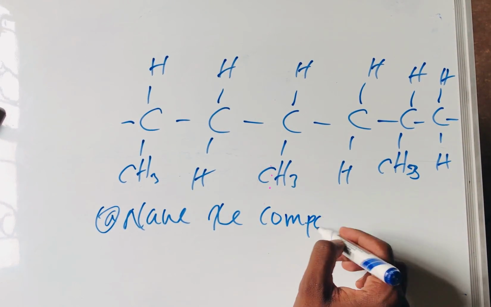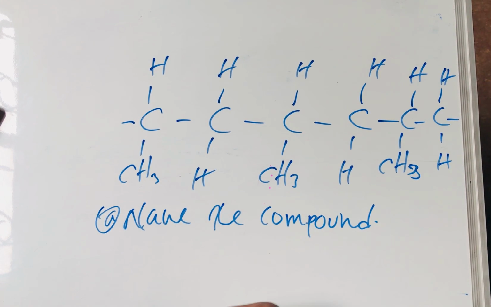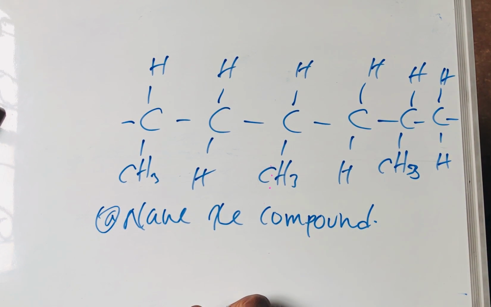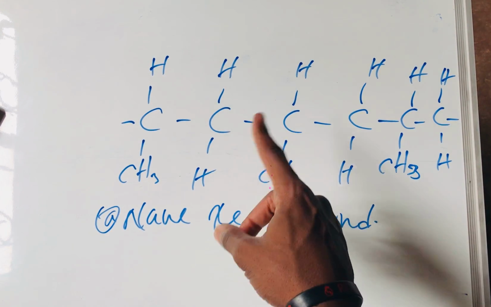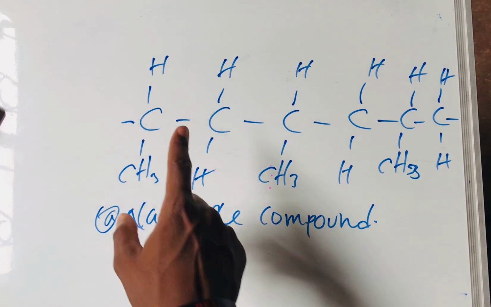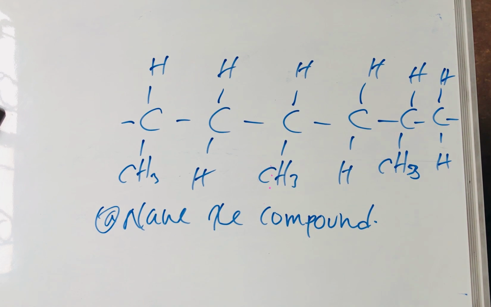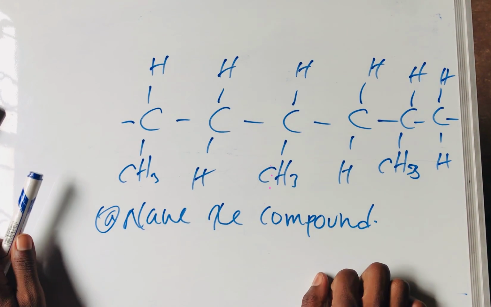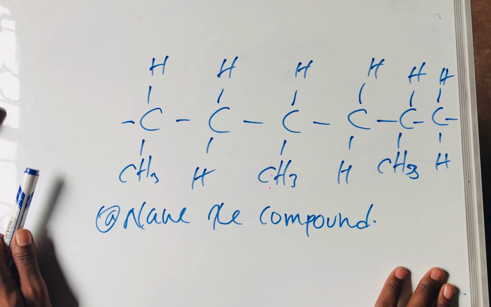How do we name this compound? This is not the structure of polyethylene. We have that CH3, CH3, CH3. Polyethylene only has carbons and hydrogens all the way. So to name this compound, we are going to look at one repeating unit.